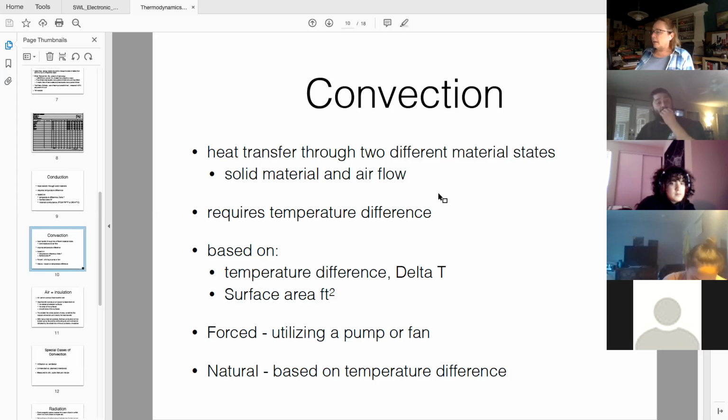It can be done through forced mechanical energy, such as a fan or a pump. A fan would be between air and a surface, like a floor surface, like stone or wood. Or a pump would be between water and a surface.